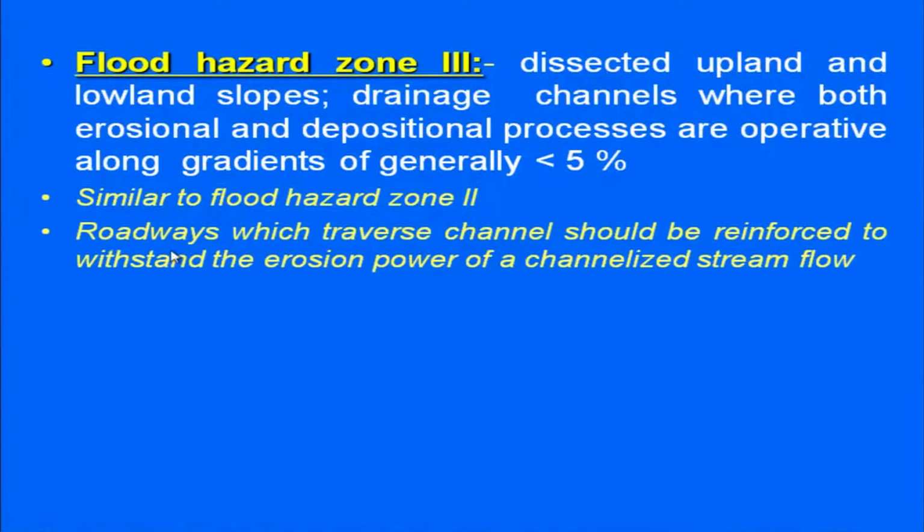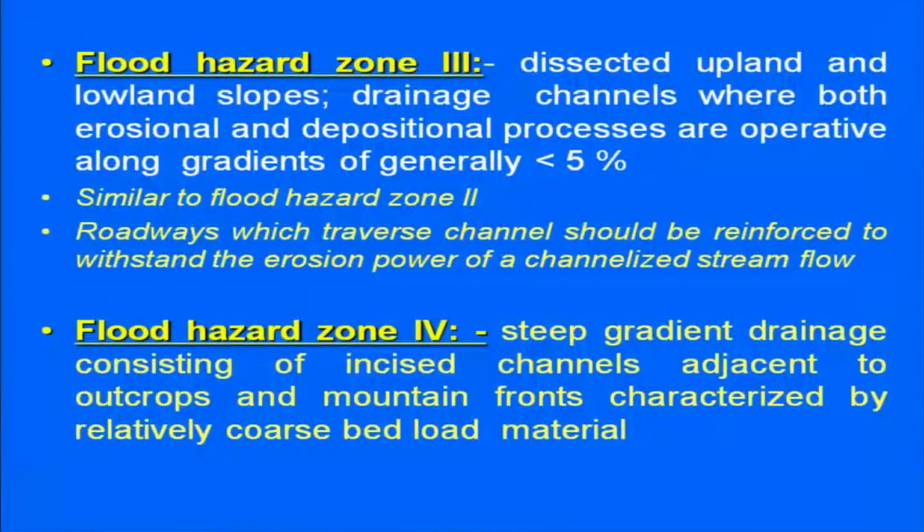Mostly, in some places you cannot avoid or realign your road construction, and you are probably crossing, suppose, a meandering river, then you will have to make sure that you make it like embankments, or the channel should be reinforced, so as to avoid the erosion and channelize the flow.